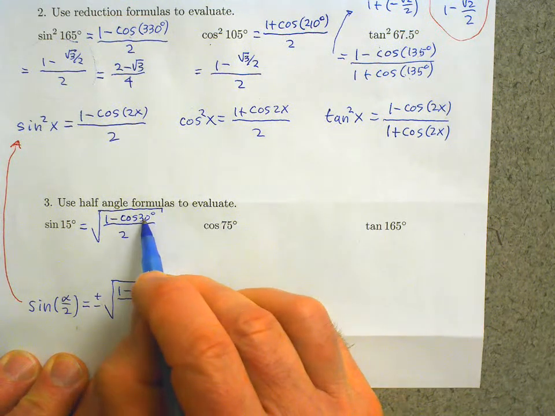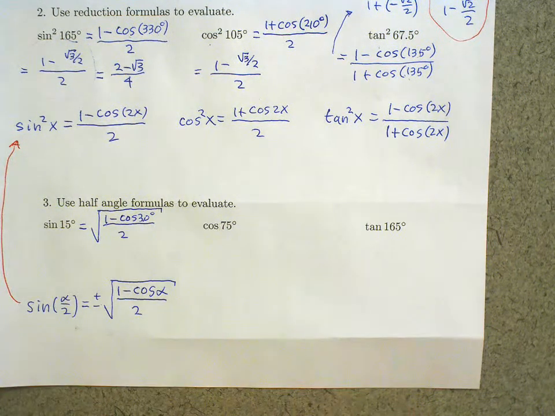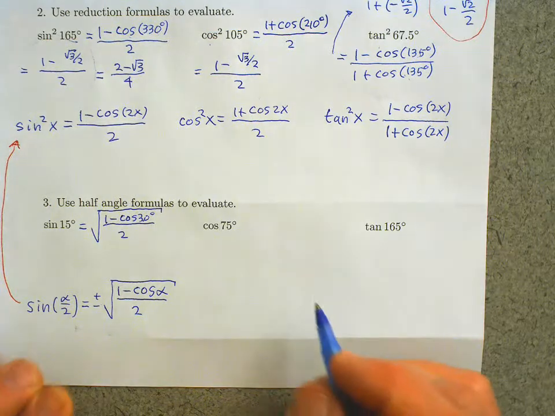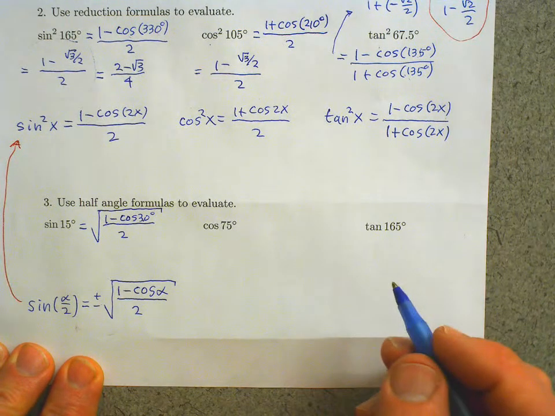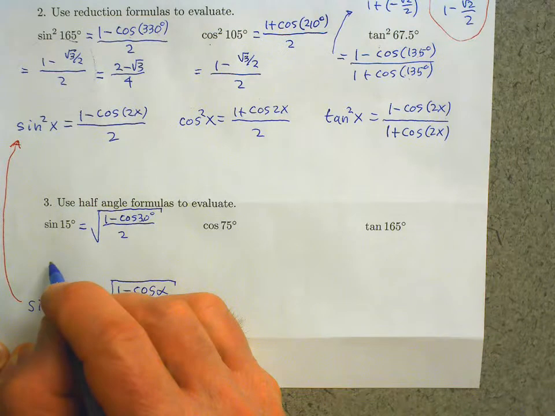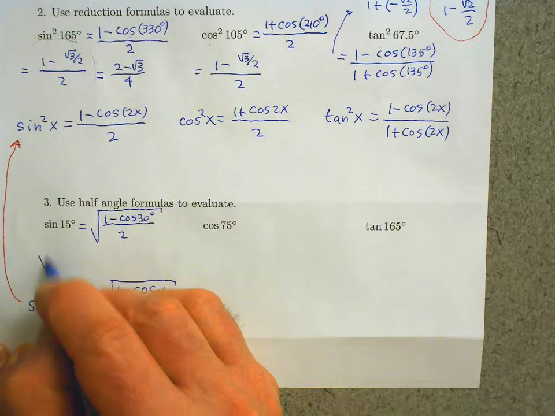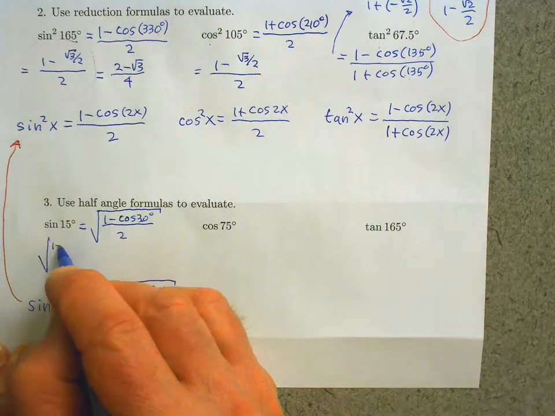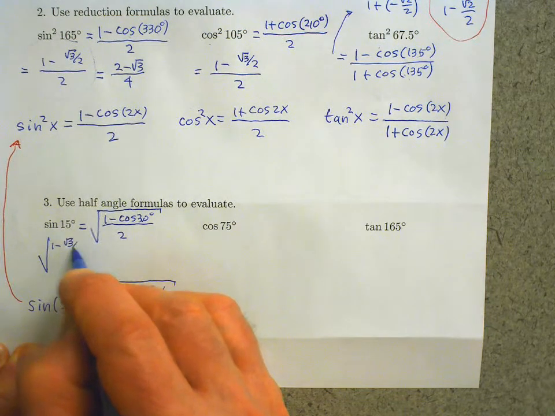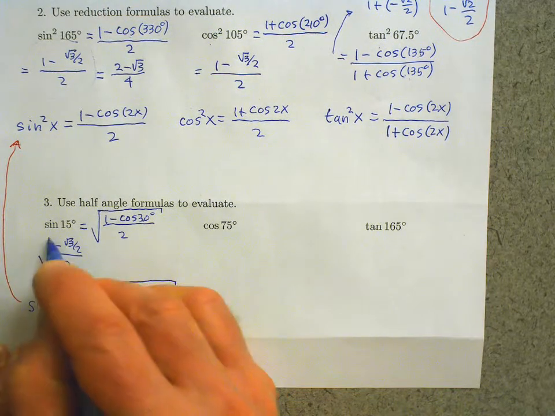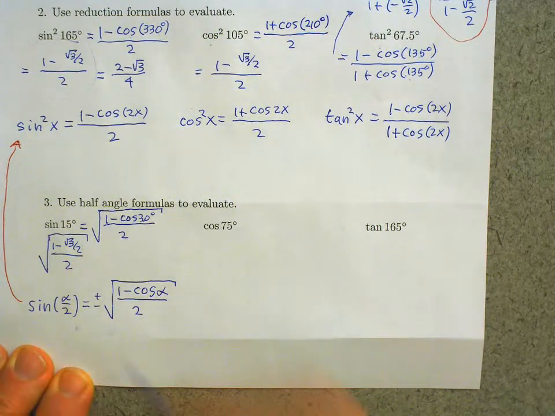And the cosine of 30 is the square root of 3 over 2. So I'll just write one more step, the square root of 1 minus the square root of 3 over 2, all over 2. So just leave it like that.